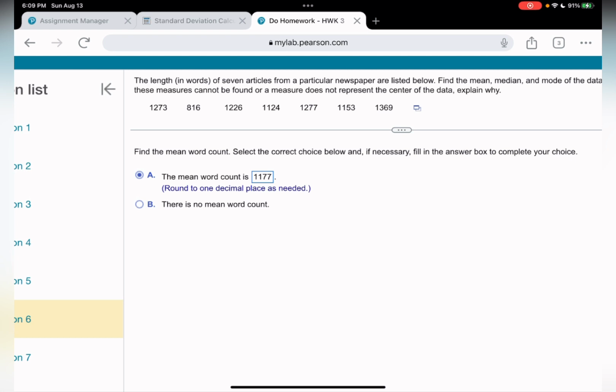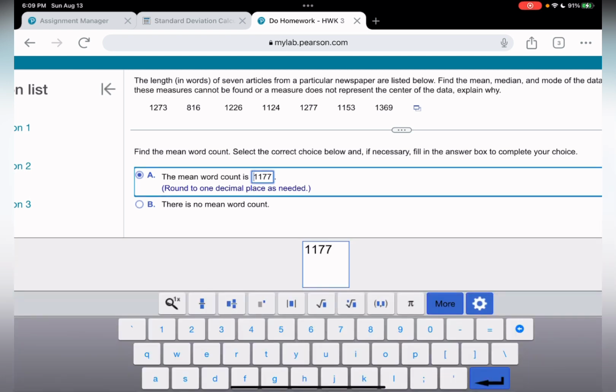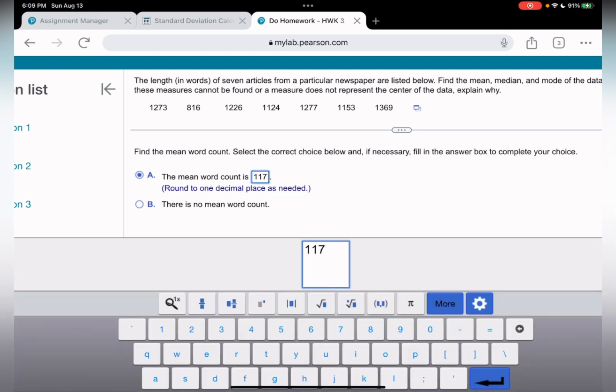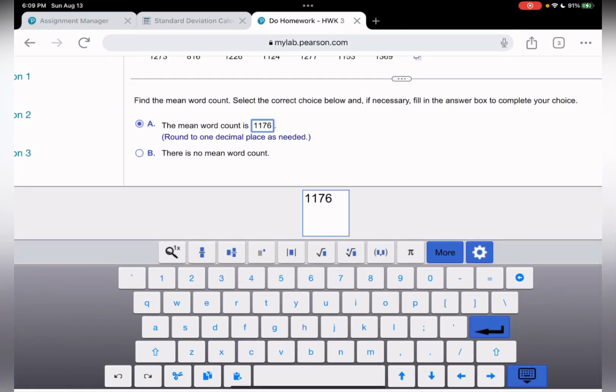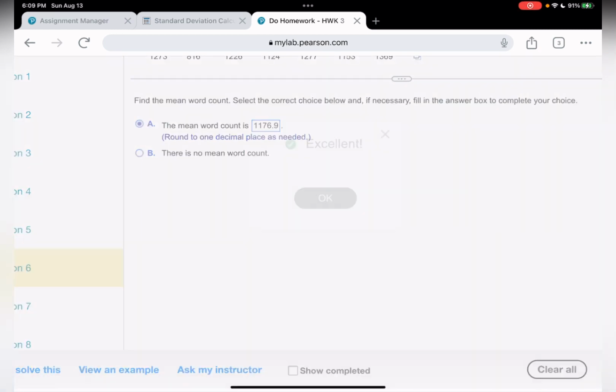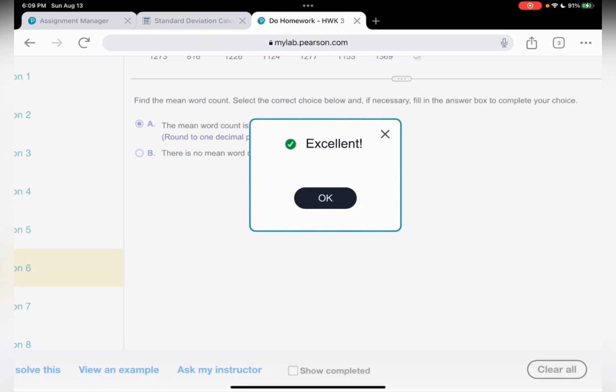Let me see, 1176. Since after 7, 6, I have 8, 5 coming. Usually I would put 9 instead of 0.8, because it's following 1 additional decimal. But I don't know if here Pearson accepted. Well, it's accepted. So, okay, we are good.